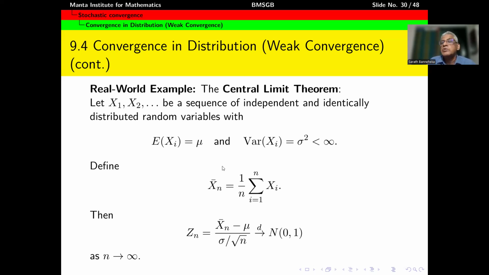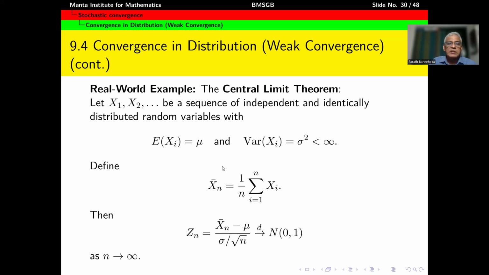So remember, this theorem is not going to be valid for some special situations where the mean is not defined, like if the X's are coming from a Cauchy distribution. But for most practical situations, this theorem will be valid, because for most of the practically used random variables, mean and variance exist.